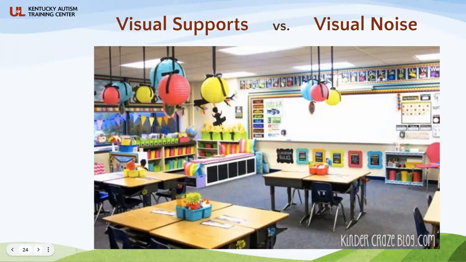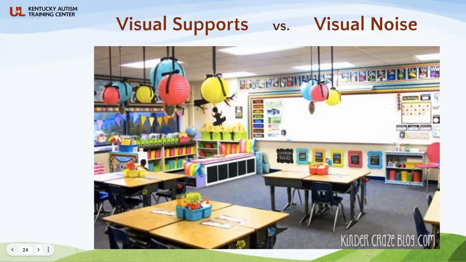All right, so I do need to call this out though. There is such a thing as too many visual supports in an environment, and then that turns into visual noise, okay? So this classroom is very pretty. It seems very joyful, bright colors, lots of things going on.